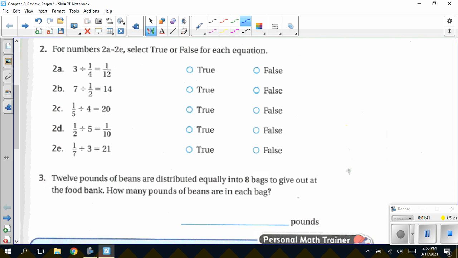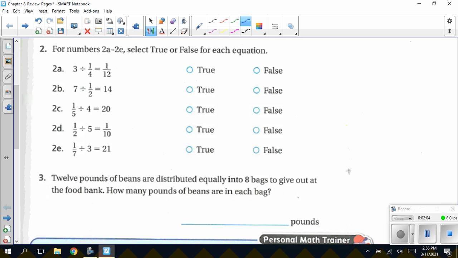For number 2, it says for A through E, select true or false for each equation. So for 2A, we have 3 divided by 1/4, and they say it equals 1/12. Well, we are going to change these all into our multiplication problems, flip the second number to make sure our answer matches the answer they have given.